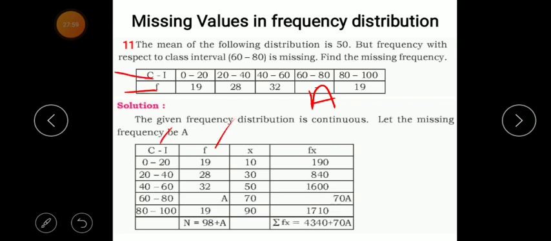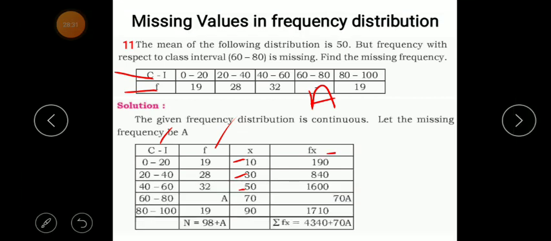Now I want the value of x, that is nothing but the midpoint. The midpoint of 0 and 20 is 0 plus 20 divided by 2, that is 10. So x values I'll get: 10, 30, 50, 70, 90.